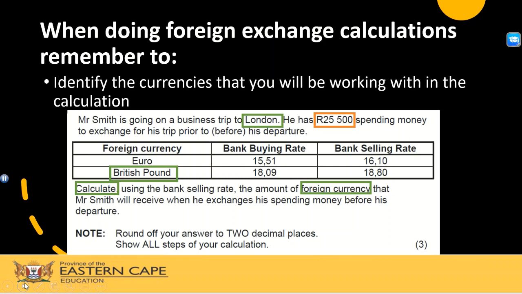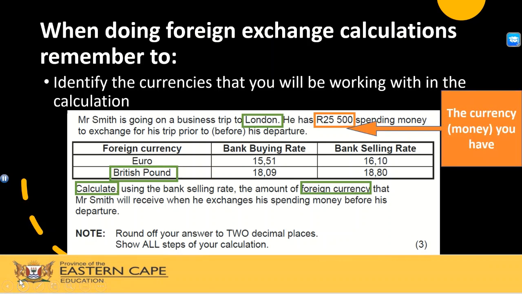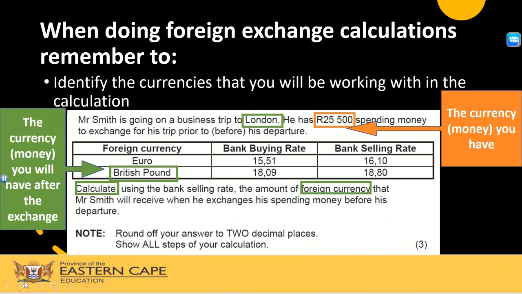So we have now identified the two currencies. The one is the British pound and the second one is the South African rand. The 25,500 rand is the currency that we have, and the currency that we will have after the exchange is the British pound.